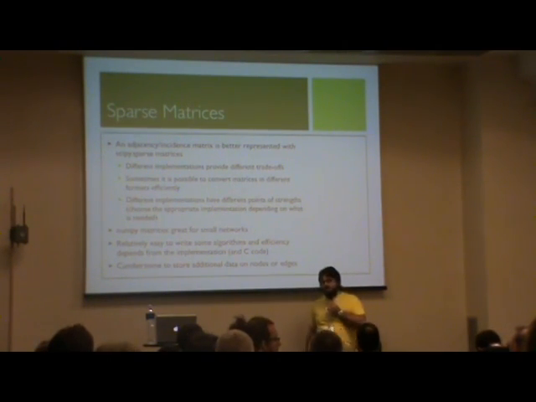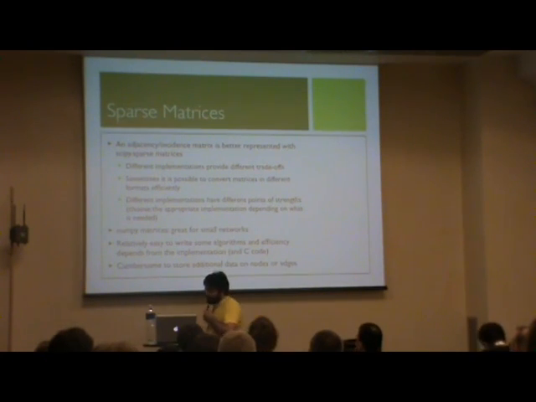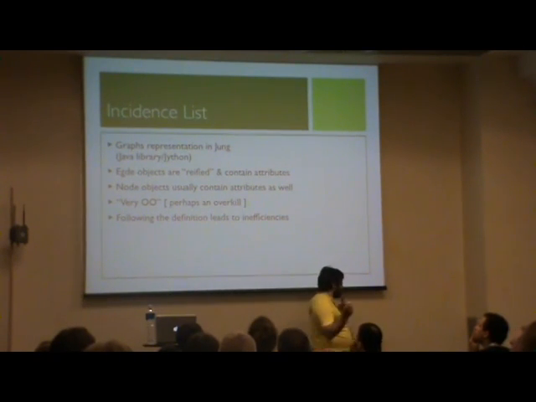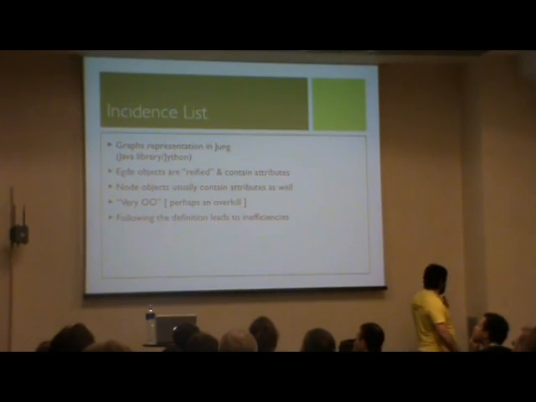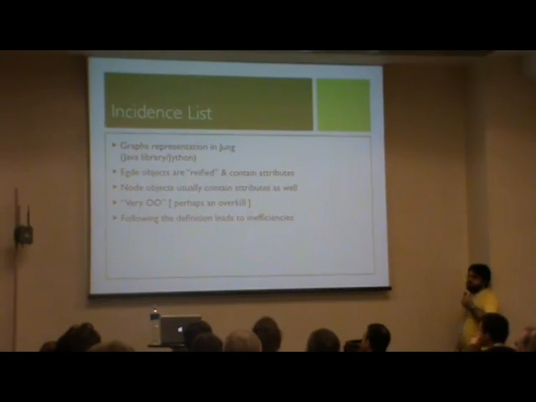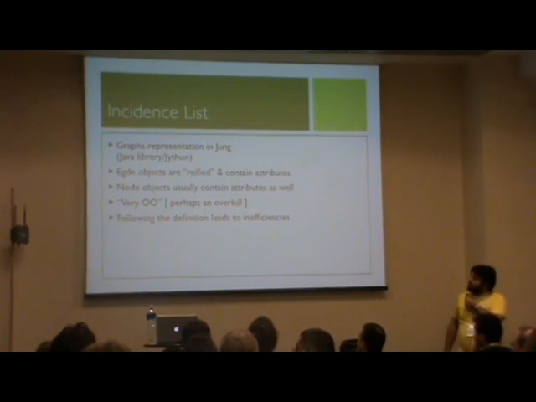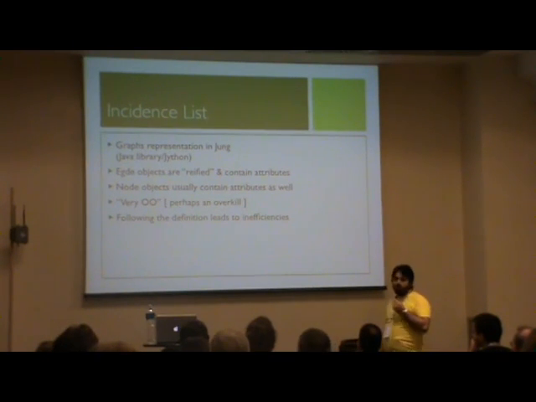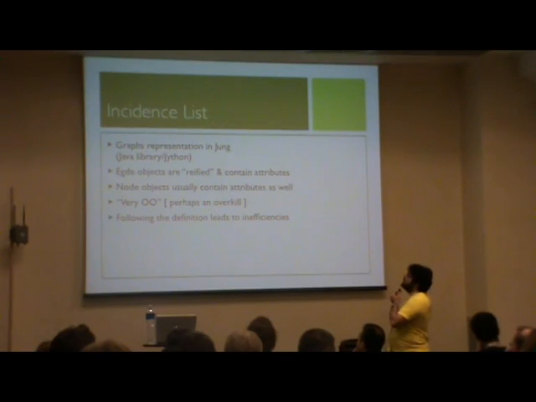And this representation is probably not very good. Incidence lists are very used in JUNG, which is a Java library, which is probably what you'd be using if you work with Java. But anyway, you can also choose to implement this kind of stuff on your own, because you know that it's the right thing to do for your application.